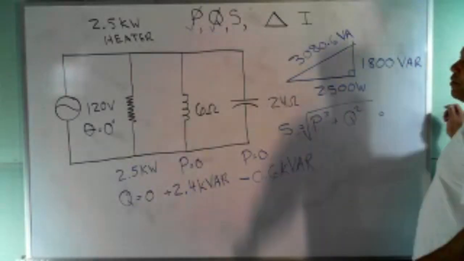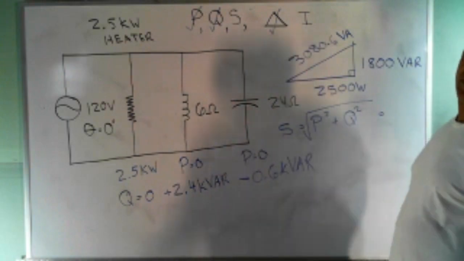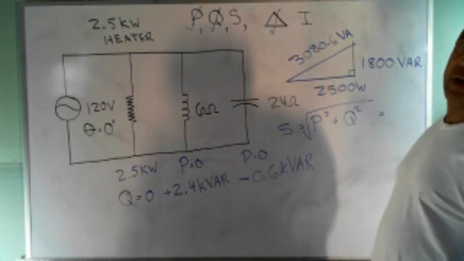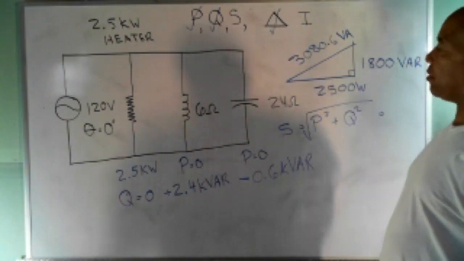All right, so there we go. They didn't ask for the power factor or the power angle, but we could find it easily since we have all the sides of the triangle.